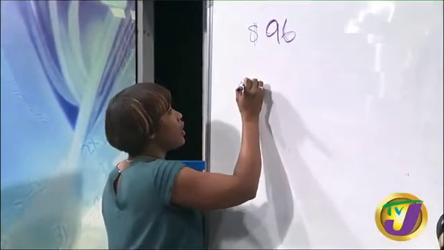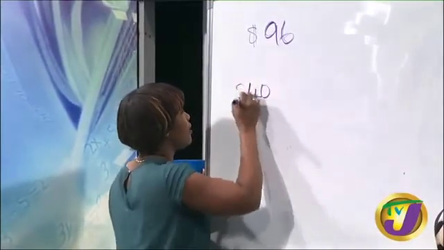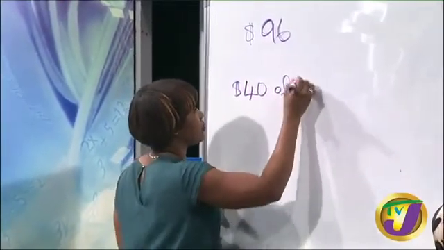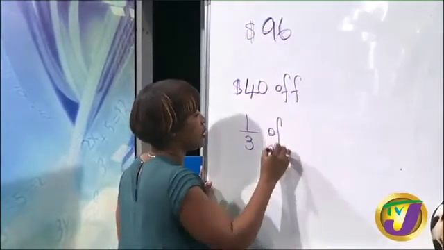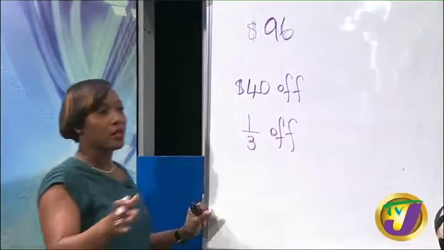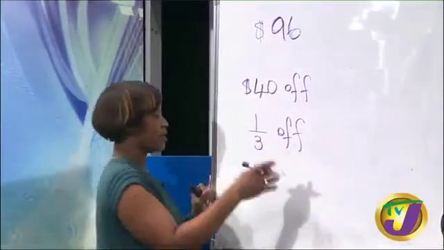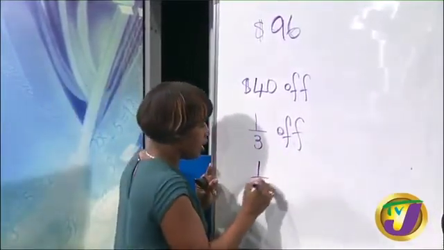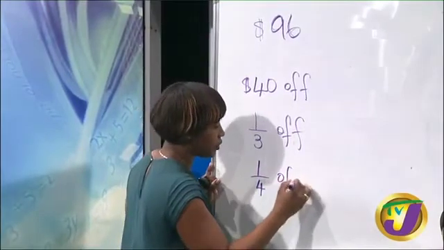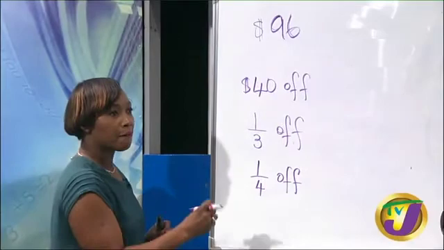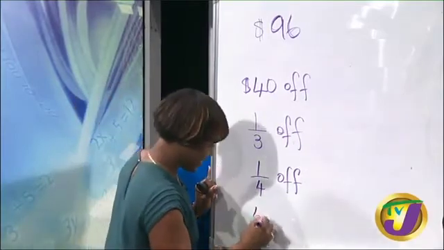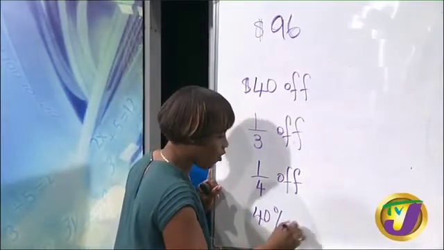Now the vouchers you got were $40 off, 1/3 off. Now that you're a pro and you know how to convert between decimals and fractions, this will be easy for you. A 1/4 off, and the other voucher was 40% off.